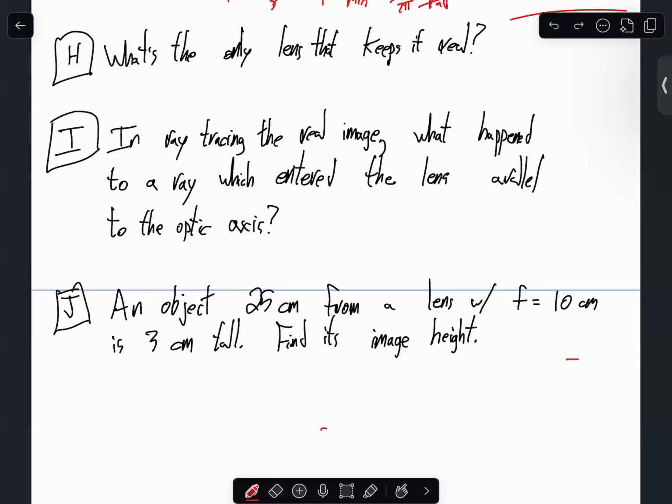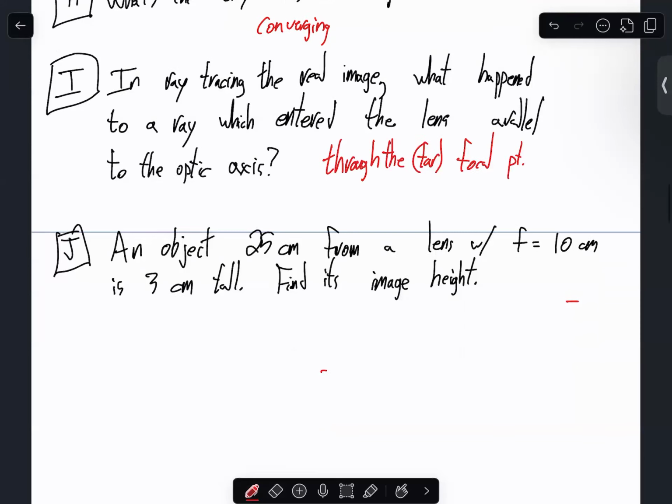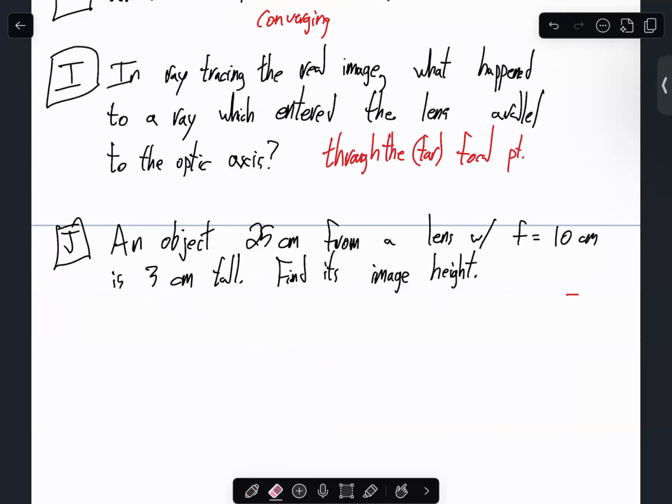Okay. The only lens that makes a real image, as we did before, is converging. In ray tracing, this defines converging lenses through the far focal. Then for here, I have 2 equations.